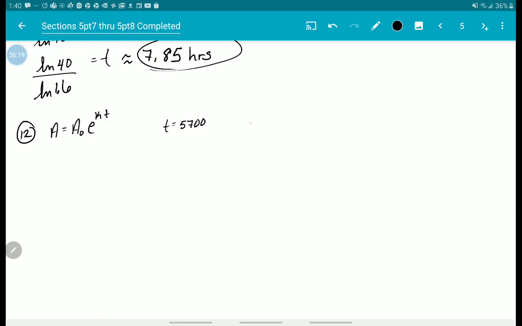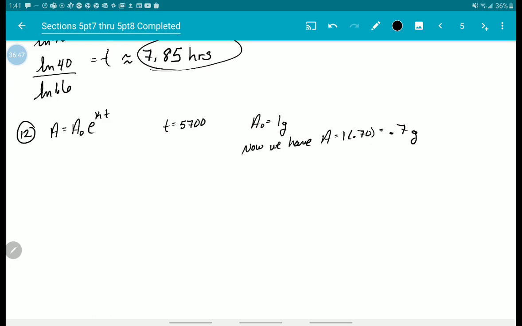So let's say we started with 1 gram. So then how much do we have now? Well, if we have 70% of 1 gram, then that would be 0.7 grams. So you can start with some kind of a generic initial amount.